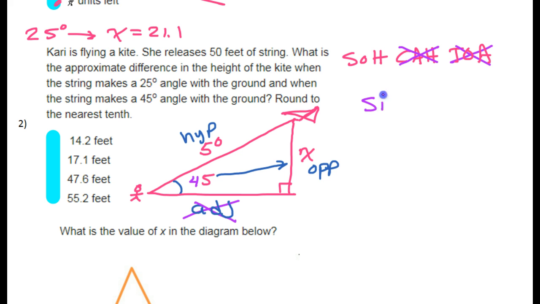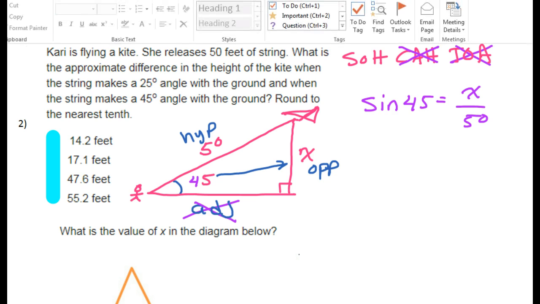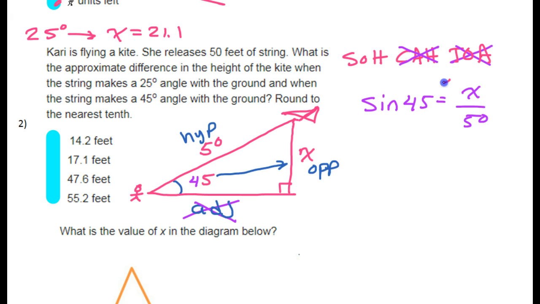But now it's going to be sine of 45 degrees is opposite over hypotenuse. We're still going to multiply both sides by 50. So those cancel out and that leaves x by itself. So it'll be 50 sine 45.